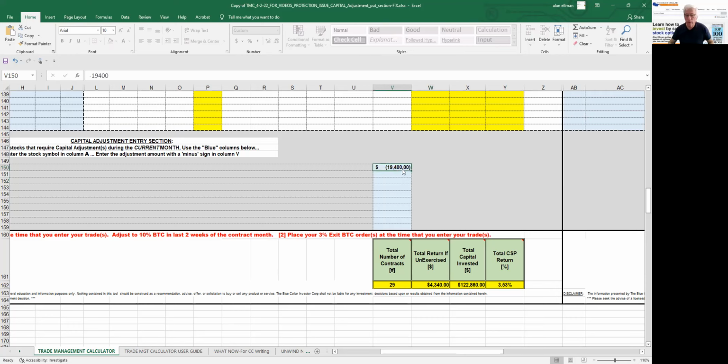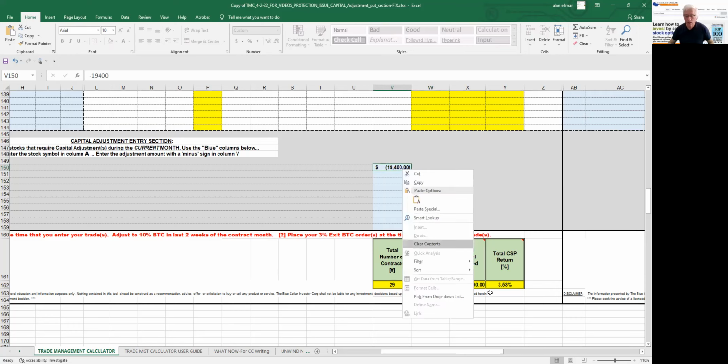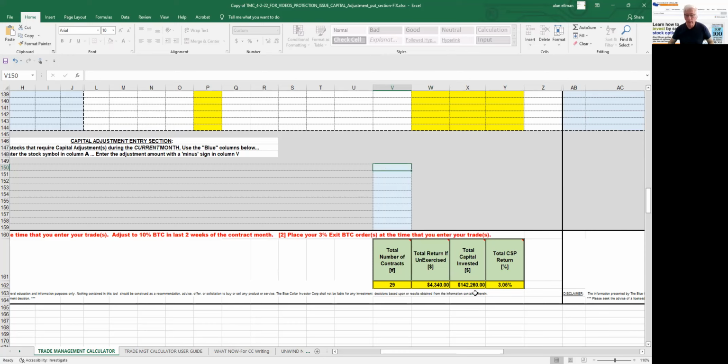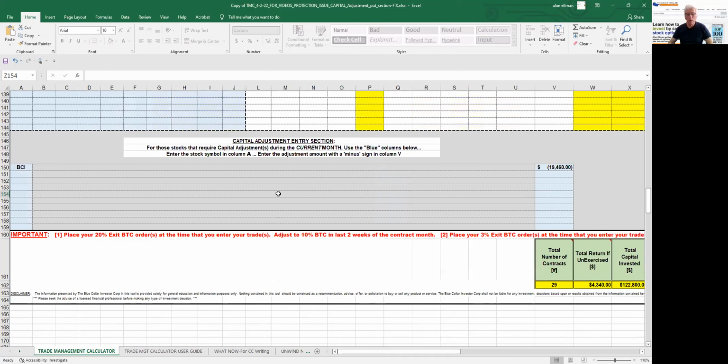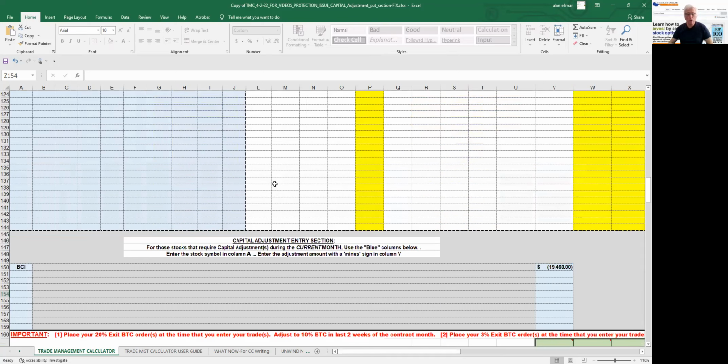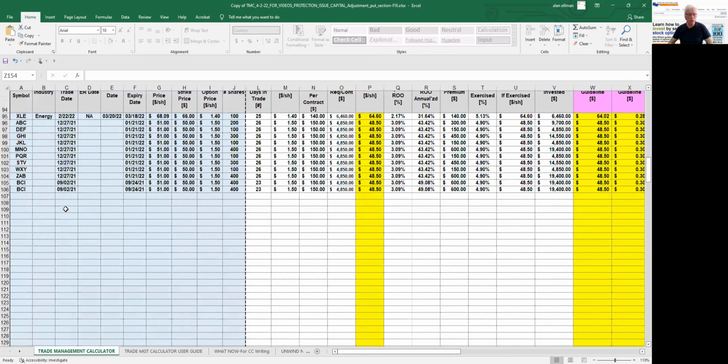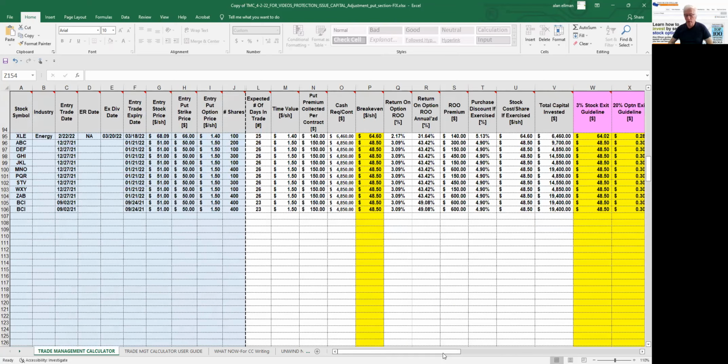If we didn't put that in, it would bring it up to 142,260. We put it in, and that number 142,260 goes down to 122,860. So the capital adjustment entry section is specific to when we use multiple exit strategies in the same contract cycle.